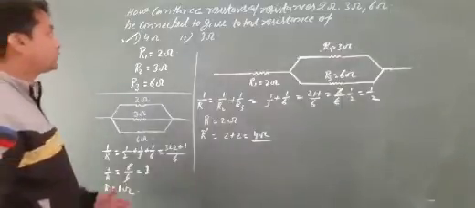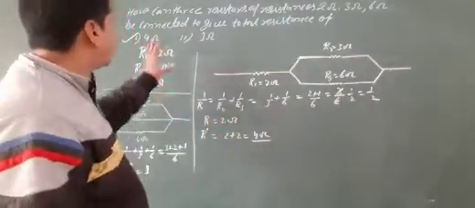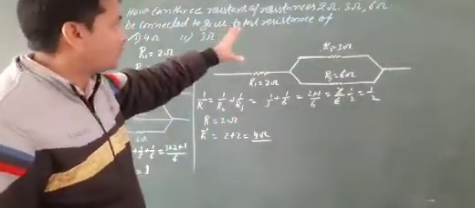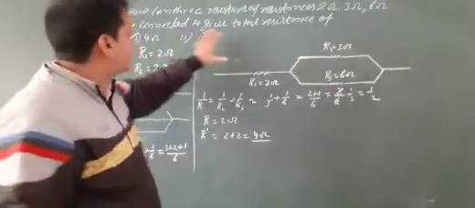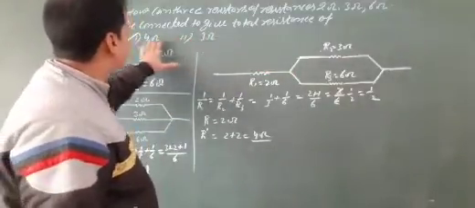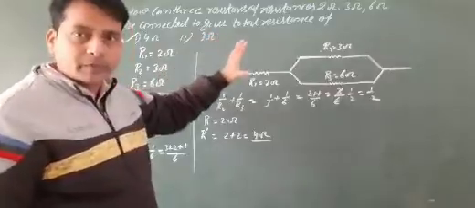So according to this question, how can 3 resistors of resistance 2, 3 and 6 ohm be connected to give a total resistance of 4 ohm and 1 ohm?